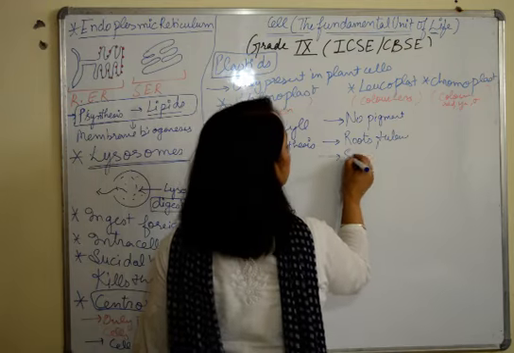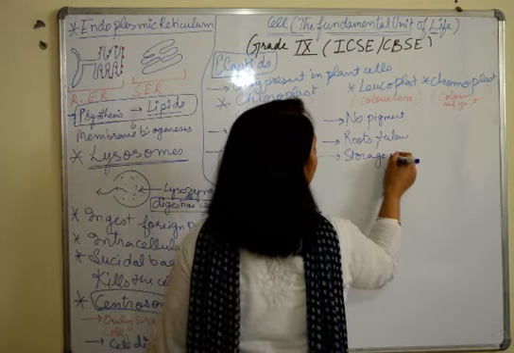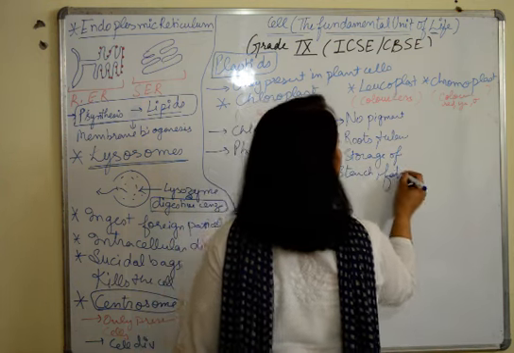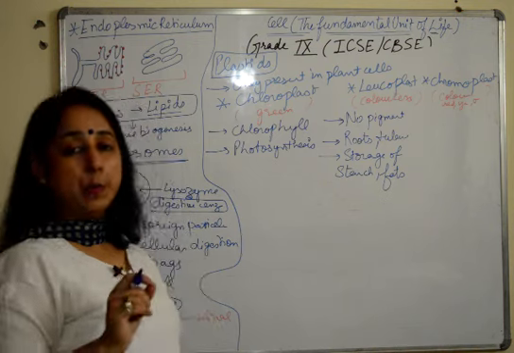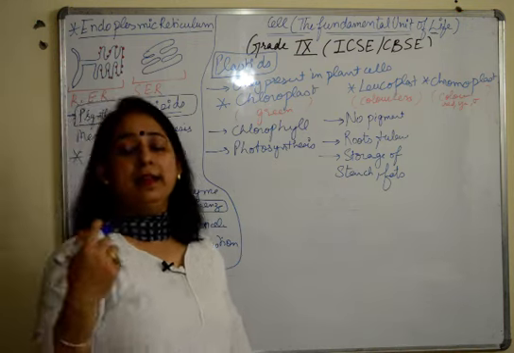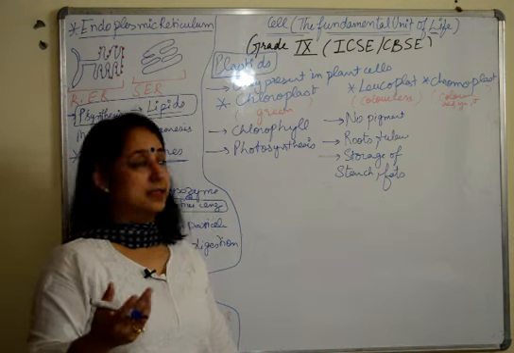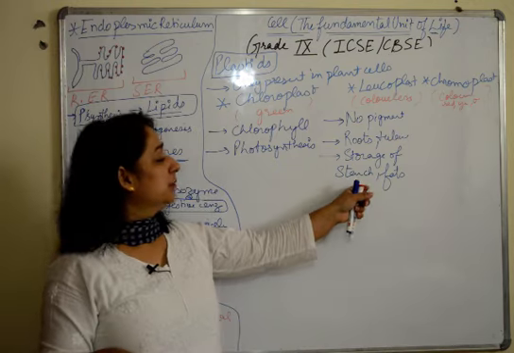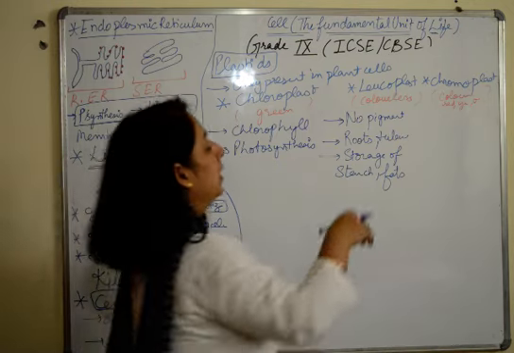Their main function is storage of starch and fats. So this is the function of leucoplast. All the colorless, off-white parts, like potato, radish, which plastid is there? That is leucoplast. It does not have any pigment but is responsible for storage of starch and fat.